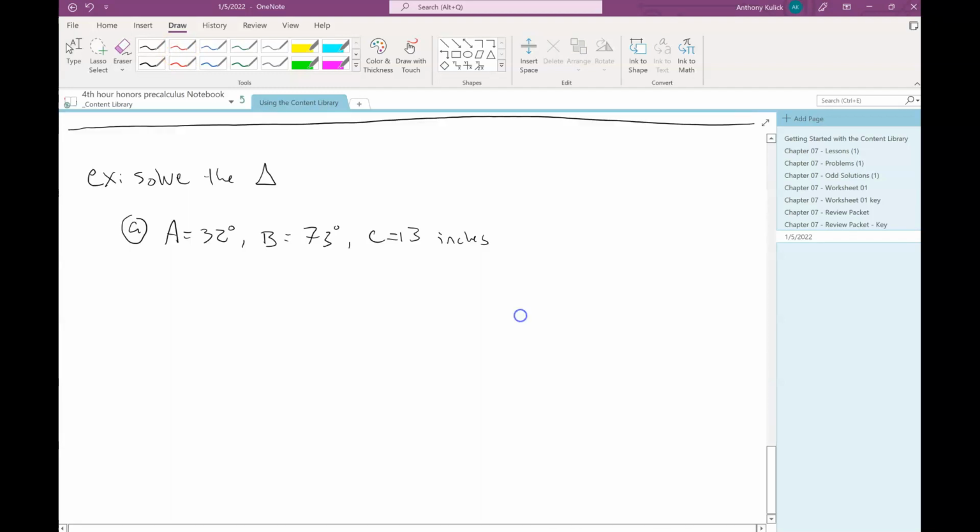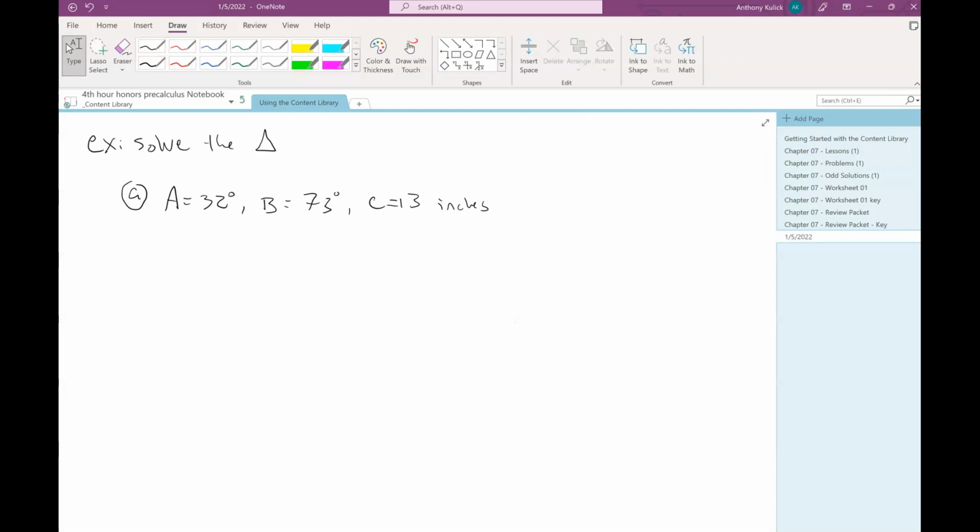So let's say that A is 32 degrees, B is 73 degrees, and C is 13 inches.